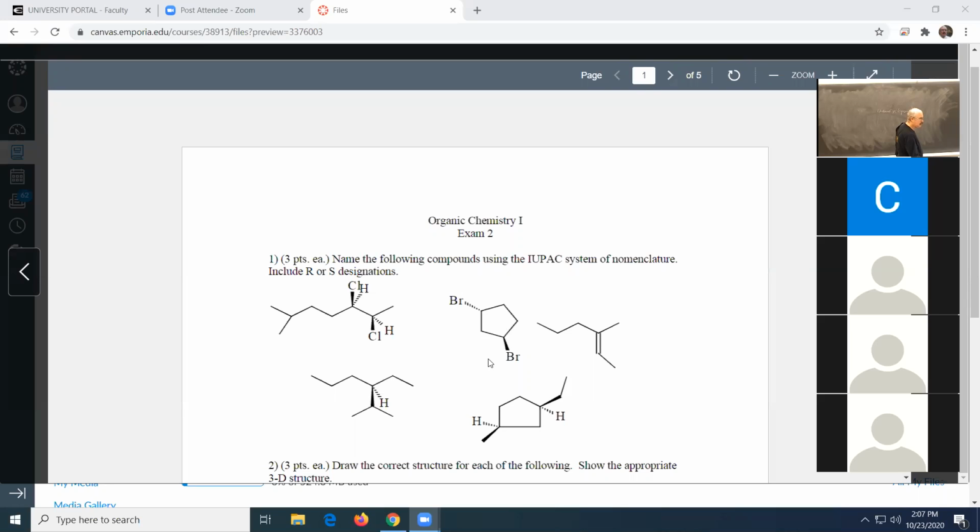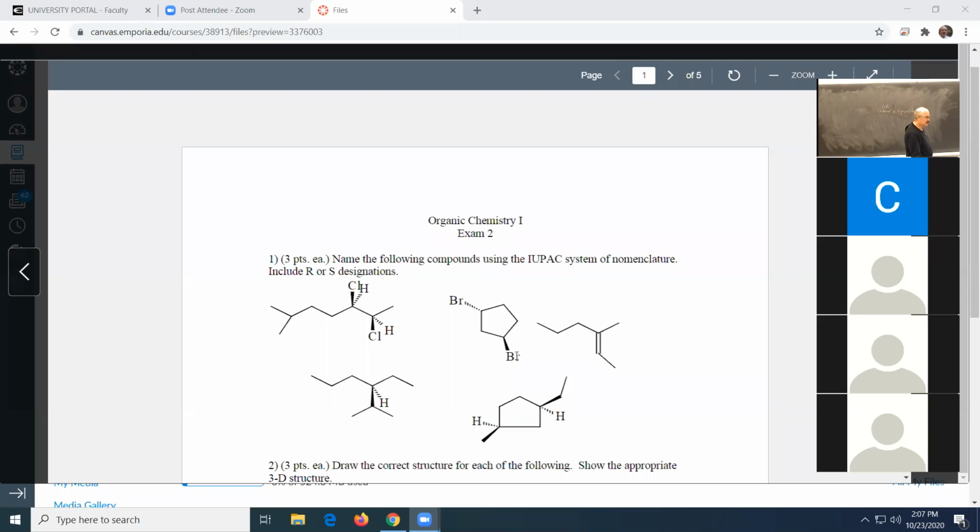So it's 1, 2, 3, like that, which looks counterclockwise, but this is backwards. Hydrogen is coming toward you. So this one is actually R. So this is 1R. Let's check the other one.